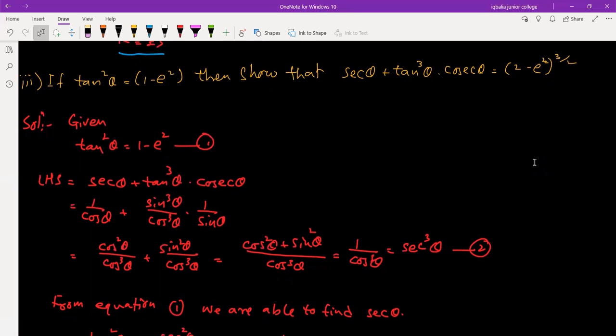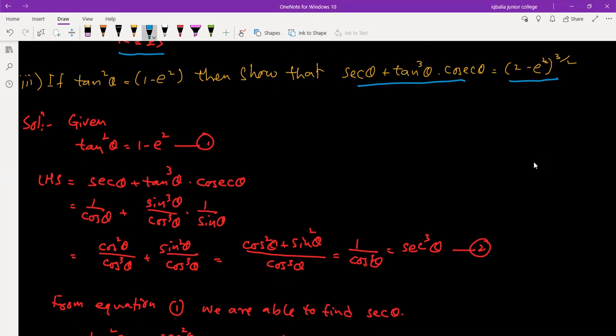So first of all, what is given? The given thing is tan square theta is equal to 1 minus e square. We call it equation number 1. Now what do we have to show? That left hand side is equal to right hand side.